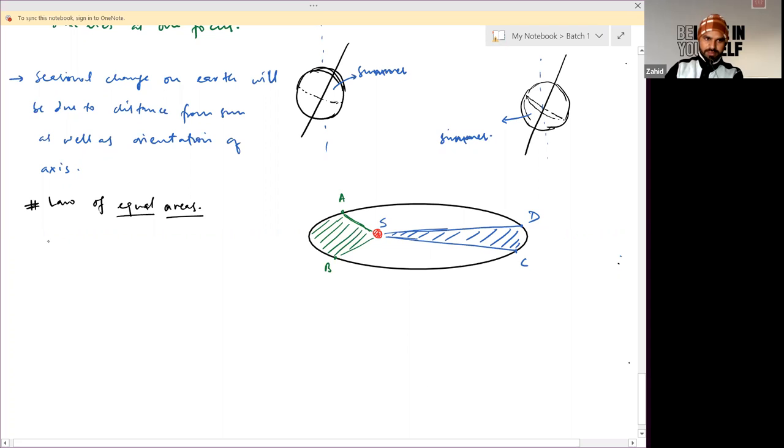So according to the law of equal areas, the line joining the planet to the sun sweeps equal areas in equal time gaps.